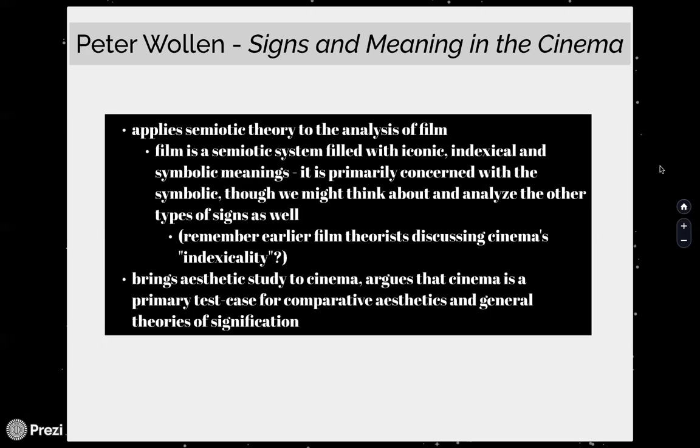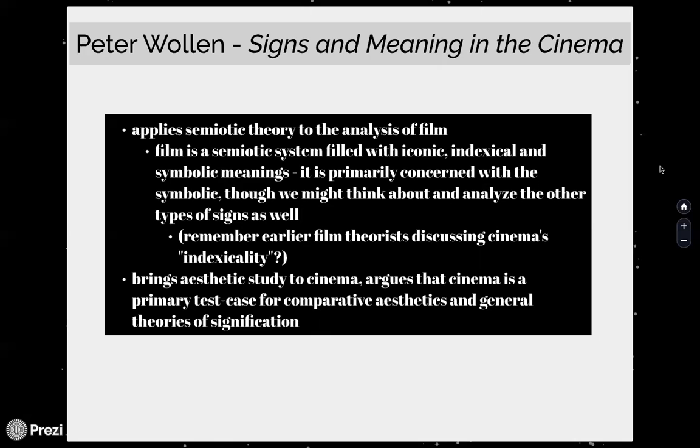And for Wollen, because he's thinking about aesthetics and specifically comparative aesthetics and general theories of signification, kind of coming out of art theory as well as linguistic theory, he's primarily concerned with the symbolic meaning of these images. Okay, even though we might think about and analyze the other types of signs as well.